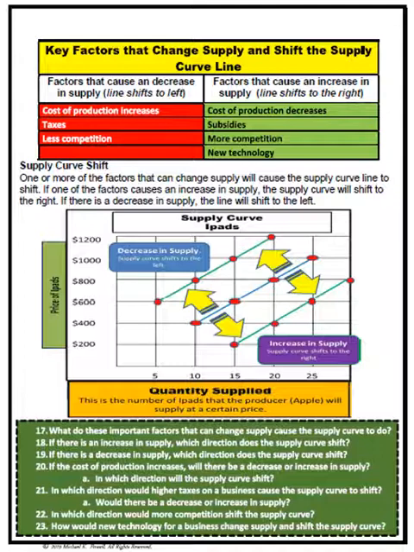If the cost of production increases, will there be a decrease or increase in supply? Part A, in which direction will the supply curve shift? 21. In which direction would higher taxes on a business cause the supply curve to shift? Part A, would there be a decrease or increase in supply?